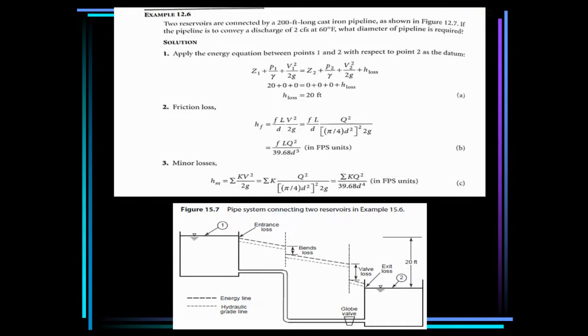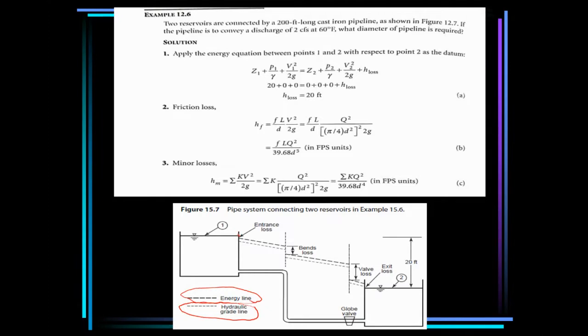Look at the energy grid line and the hydraulic grid line. This is for the energy grid line, and the dashed one, less bold, for the hydraulic grid line. Here there is entrance loss, like I said. That is why the hydraulic grid line did not start from here.